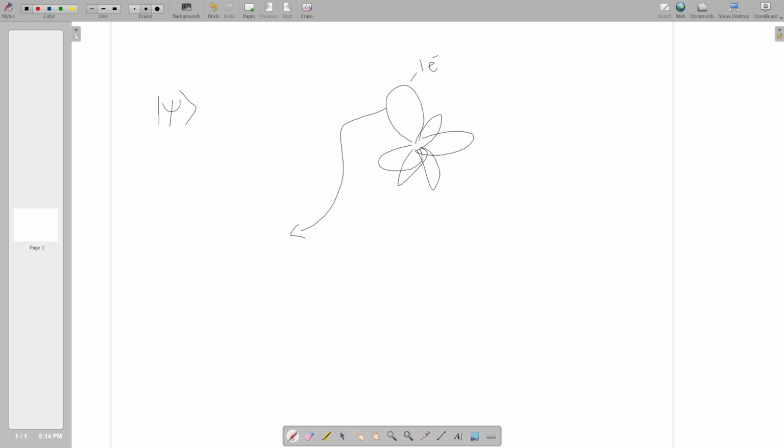I don't have all the diagrams memorized. Oh yeah, I thought it was just a sphere. So this is our little 1s orbital. So we have a hydrogen atom and we have its little electron. This is just a proton and an electron. That's all a basic version of hydrogen is.